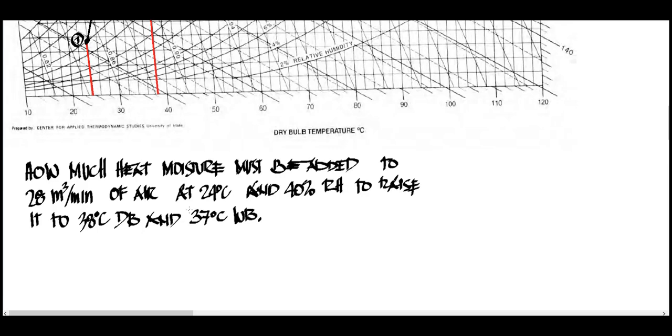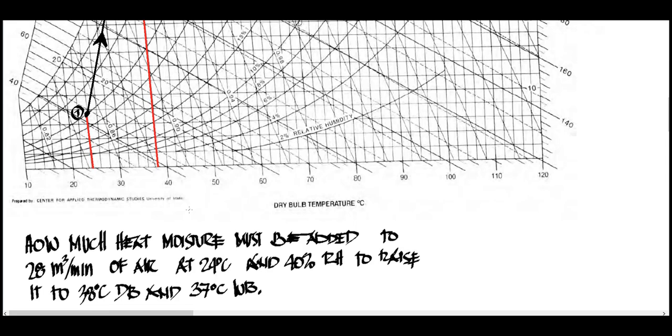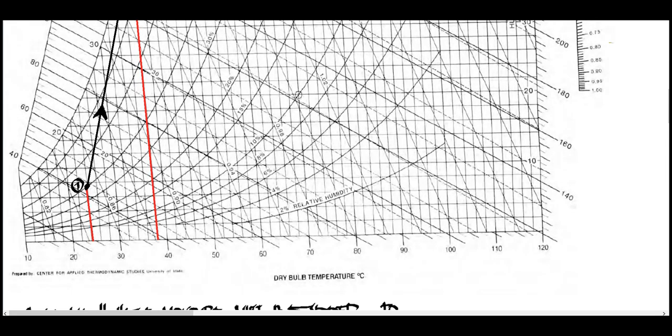Next, we need to determine how much moisture is added. So let's cast the line again from here towards here to get the moisture. It's supposed to be a parallel line on the side, to get the value of moisture at point 1.